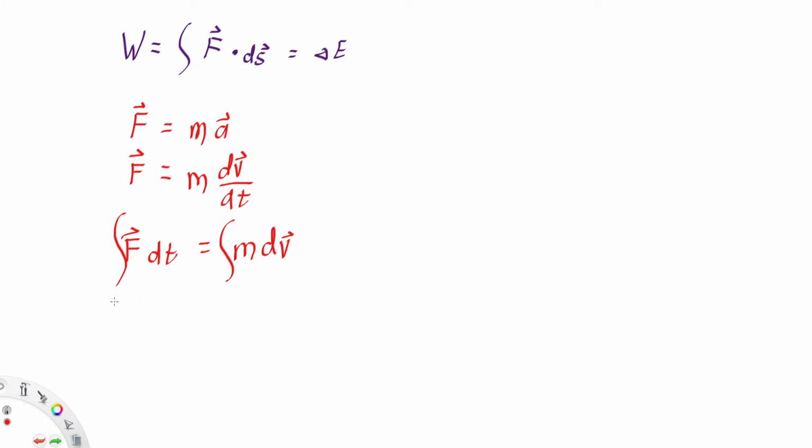So on the left hand side, we're going to be integrating from time 0 to some time. On the right hand side, we'll be integrating from an initial velocity to a final velocity. And when we do that integral, since there's no v dependence except for the dv, we're just going to get m times vf minus v0.